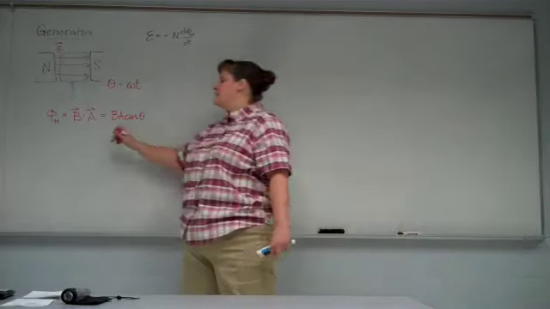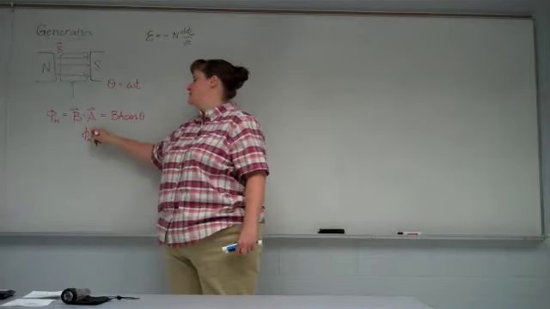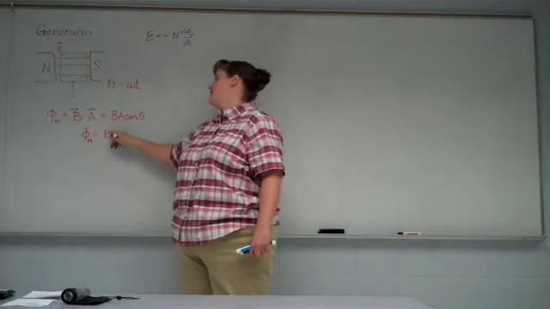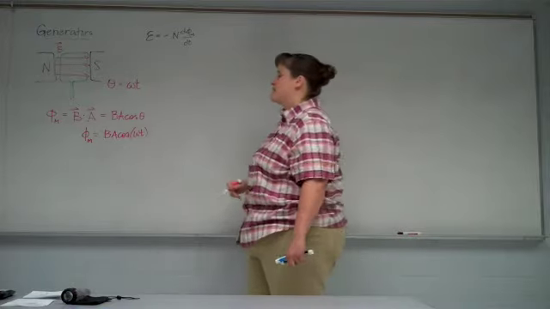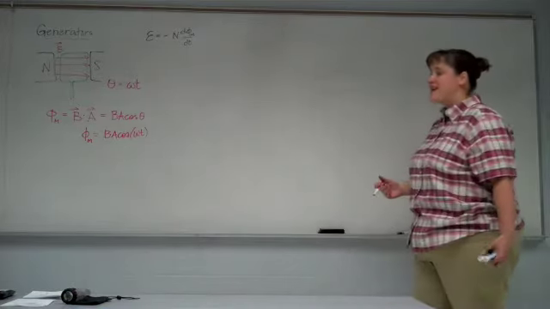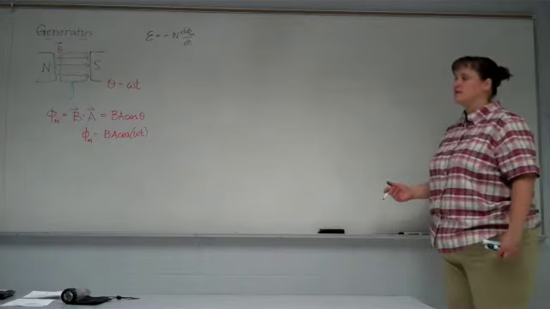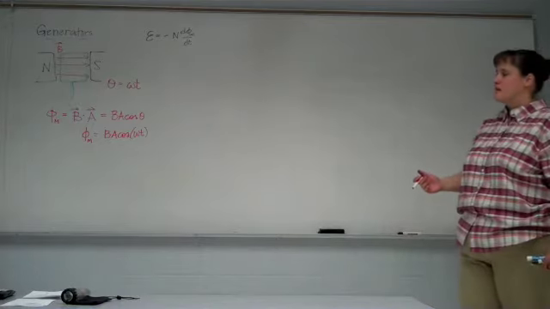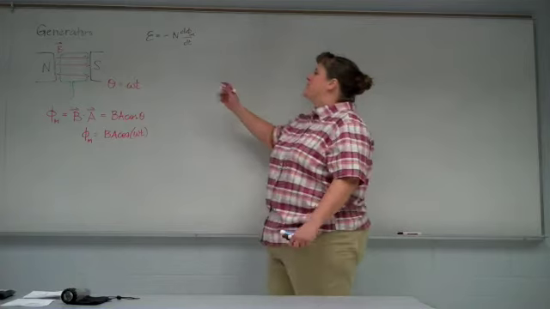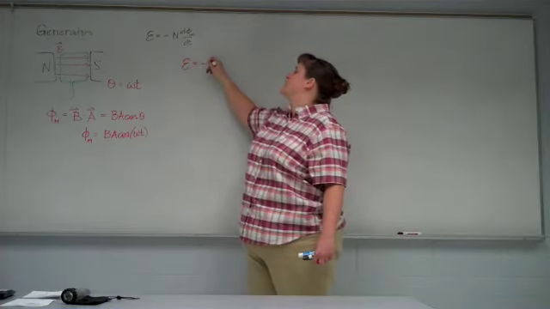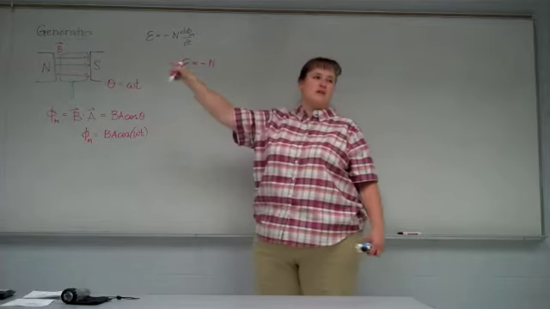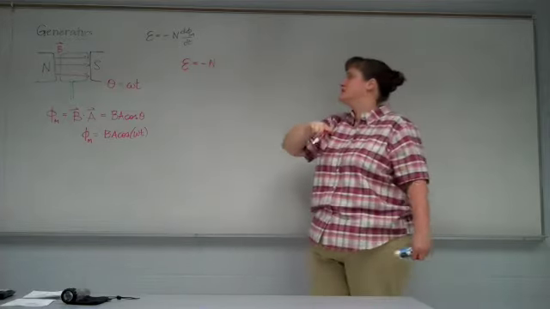So we can write our flux as B A cosine of omega times time. Omega is the angular frequency. It's measured in radians per second. So coming up here, the induced voltage is going to depend on how many turns we have in that coil, how many times the wire wraps around.